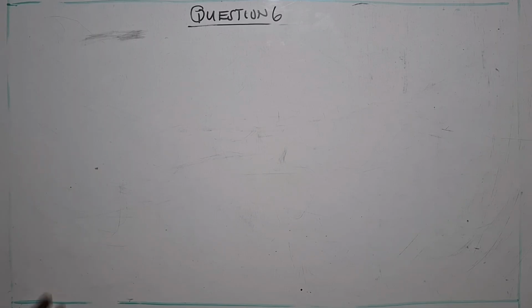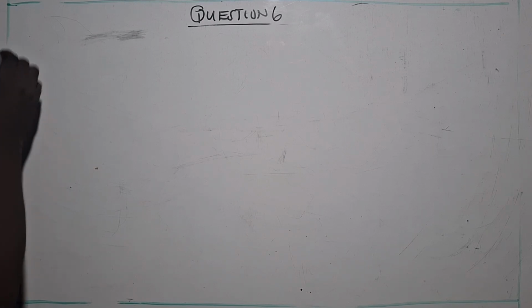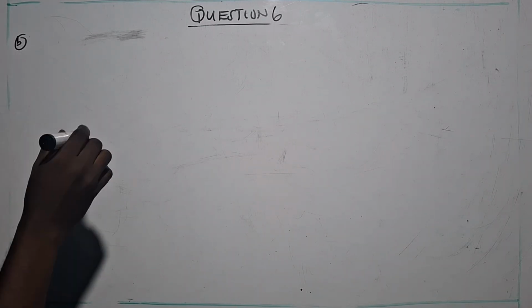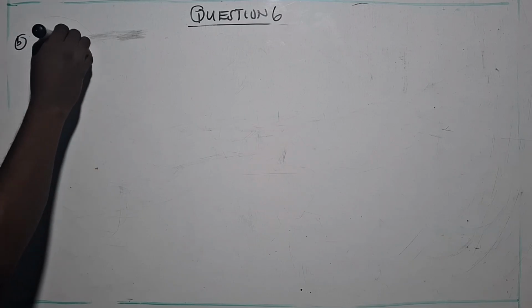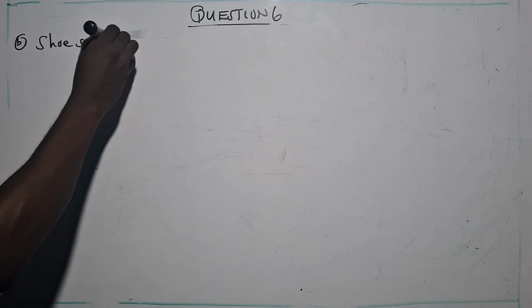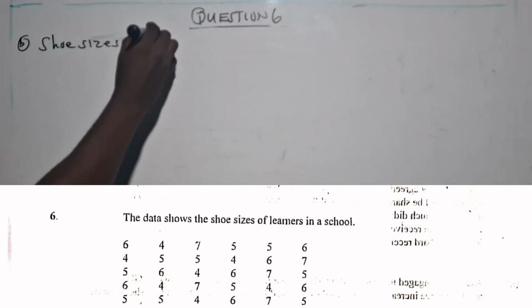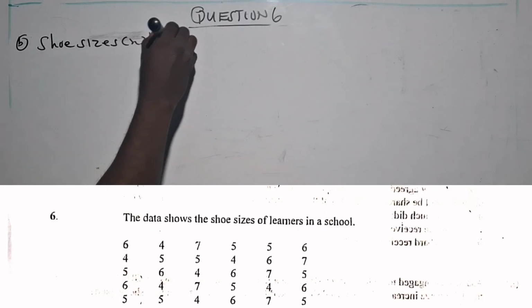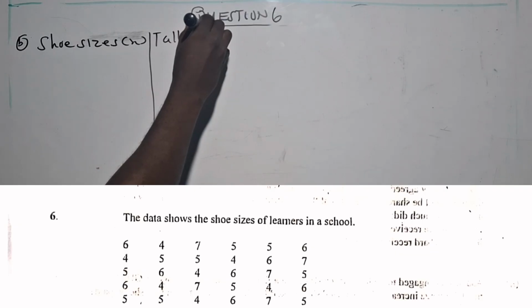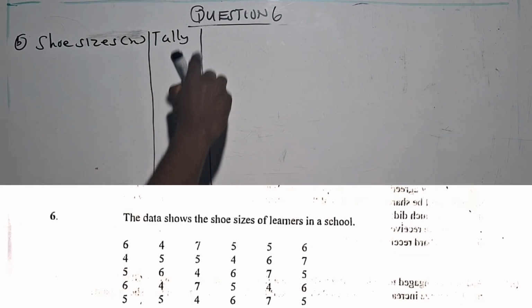For the sake of solving the BECE questions, let's quickly move to the solution. We are going to have our shoe sizes, which will represent X. Then we have our tally column.